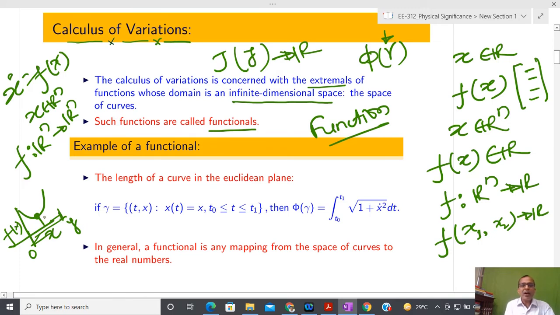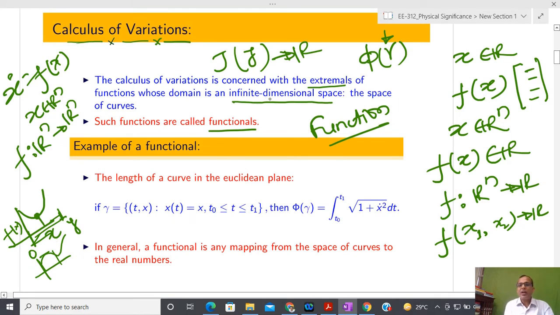Now I have two things. It might be possible that if I change the function, at some interval I have maxima, at some interval I have minima, that is local maxima, local minima. So we are solving the maximization or minimization problem, that is also called an optimization problem. So optimization is concerned with maxima and minima.